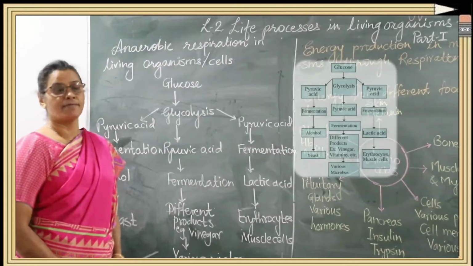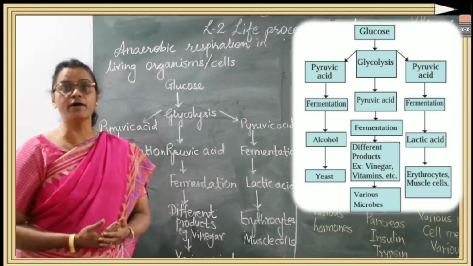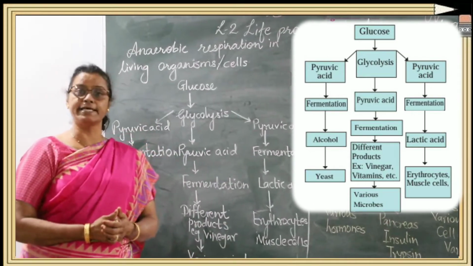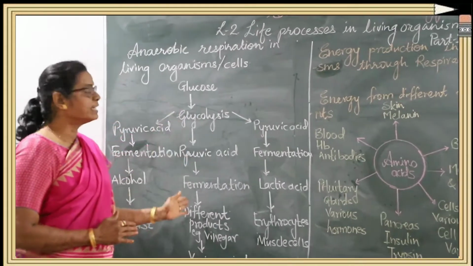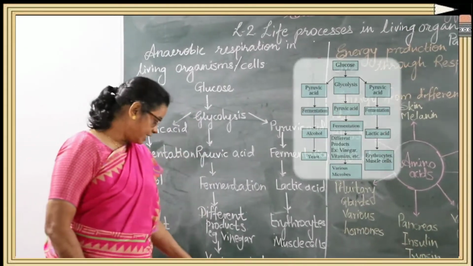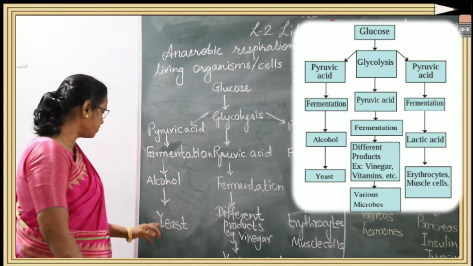Many times, when there is depletion of oxygen in the body of the organism, at such time, this glucose is converted into different products like vinegar and vitamins.